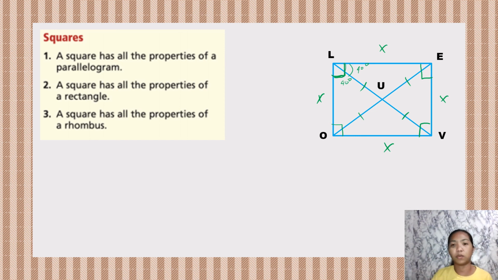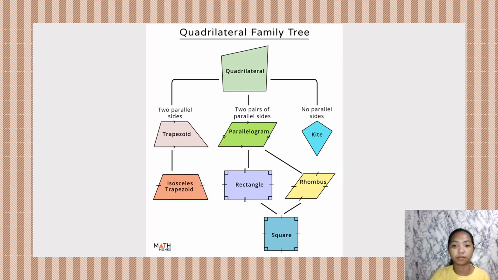But if you're given 40 degrees, and you will find VLU, and there is no other given, you will answer 50 degrees. And what else? Our diagonals are perpendicular, they are equal, and that's it for the squares.